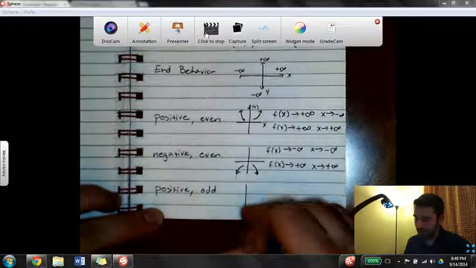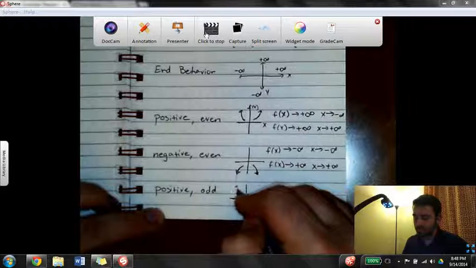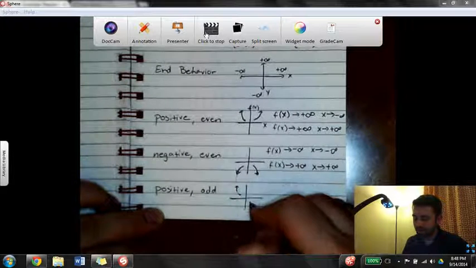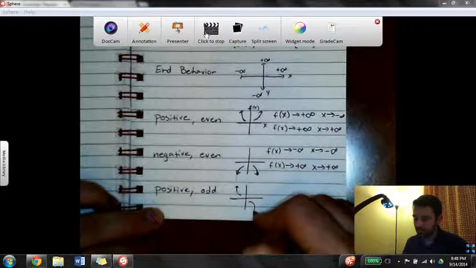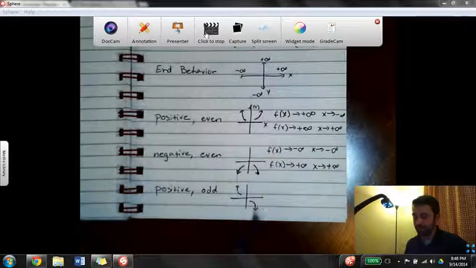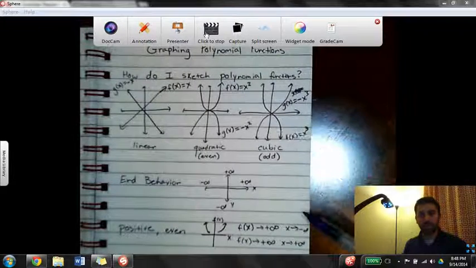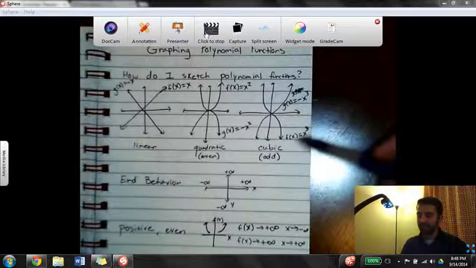A positive odd function would be a function that begins above the x-axis but ends below the x-axis. The reason it makes it odd, much like our cubic function, is we have two directions.